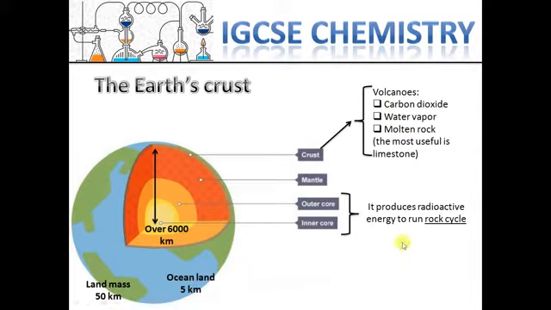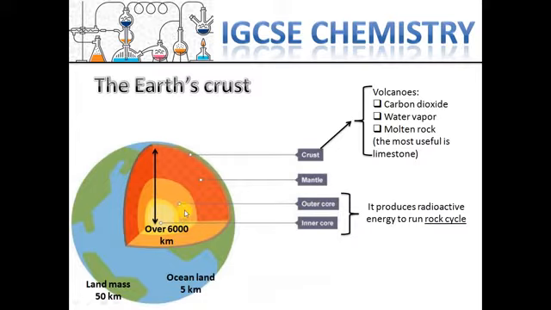The rock or land can be moved, but the movement is very, very slow, and we cannot even feel that. Each movement can be measured after many years, or can be obvious after many years. This movement of the rock can be powered by radioactive energy, which is produced by the core, either outer core or inner core, both.